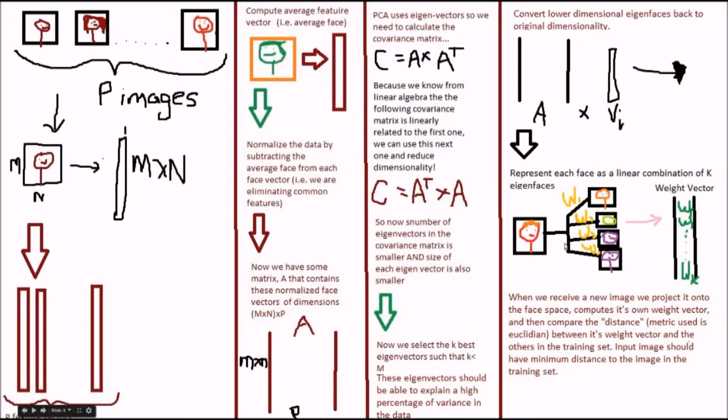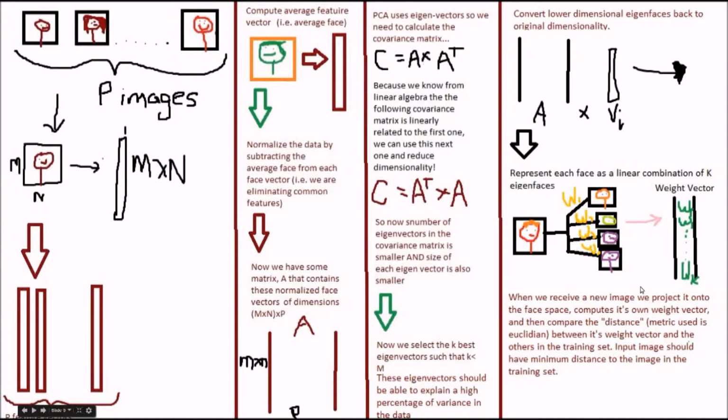And so how does it recognize a new face, right? How does it match faces? So when you get a new input image, it does all these calculations here, and it computes the input image's weight vector. And then, using this distance metric called the Euclidean distance, which basically just computes the similarity between two vectors, it goes through each one of the weight vectors in the training database, and it tries to see which one is most like the weight vector for the input image.